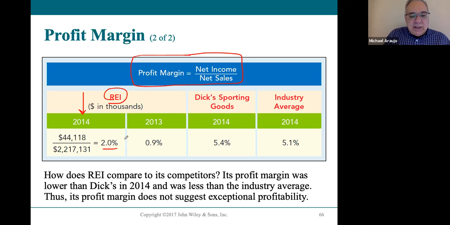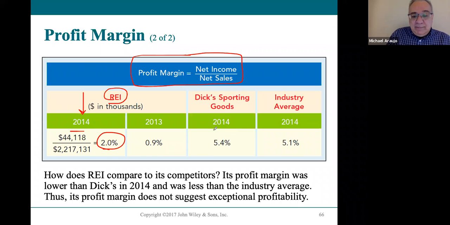So in other words, 2% is their profit rate. What does that mean? 2% of every dollar is their profit. 2 cents out of every dollar in sales is their profit. Okay, that's very low. So for every dollar they collect from the customer, after they pay for all these expenses, they're only keeping 2 cents in 2014.